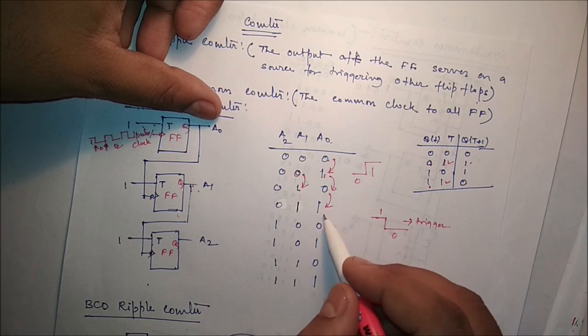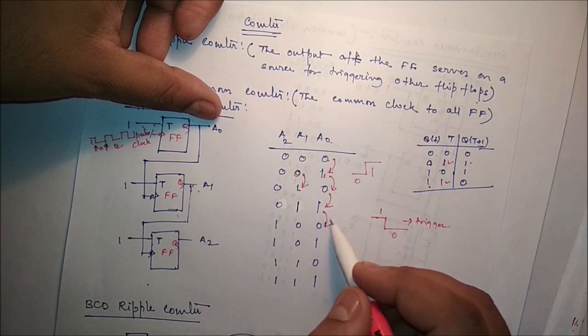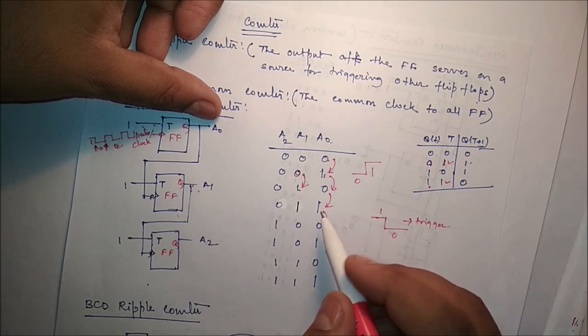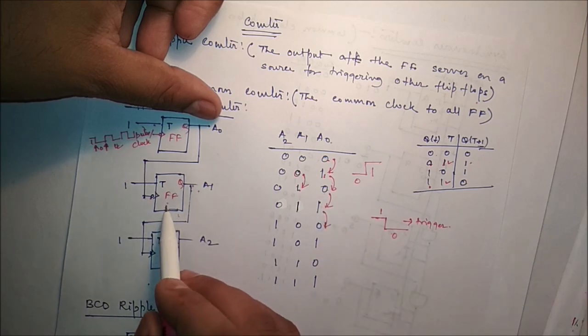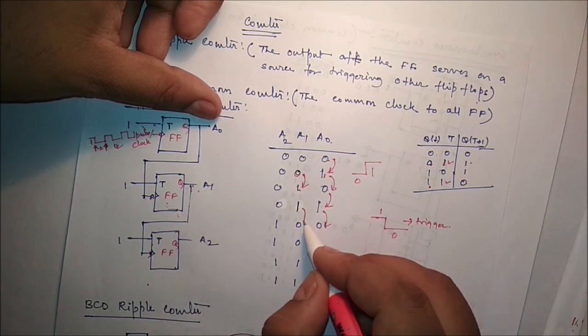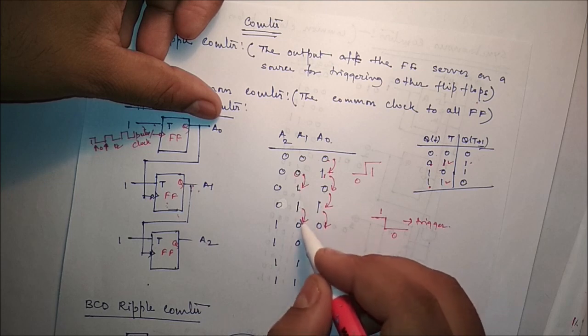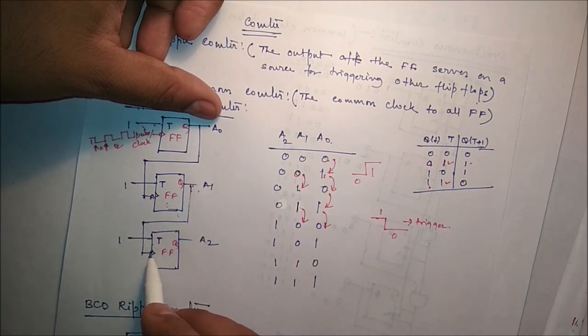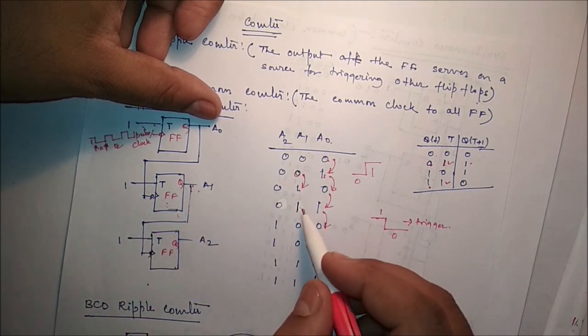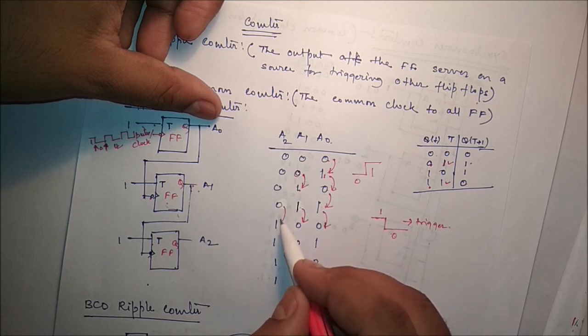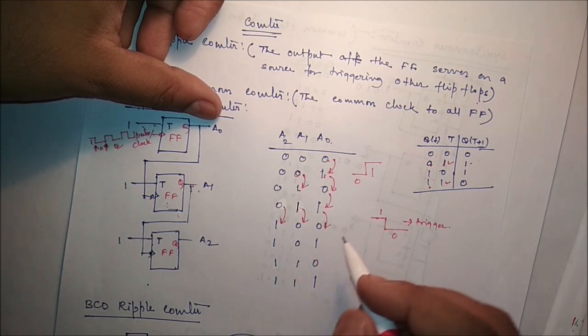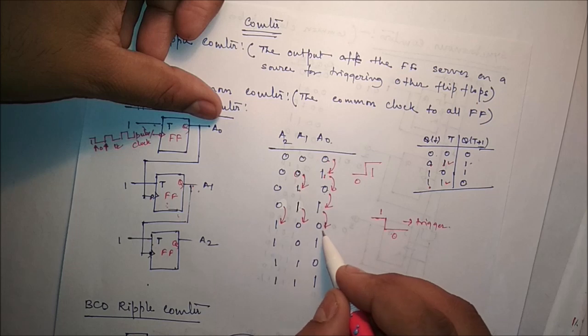Next clock pulse, it will move from 1 to 0. Since it is from 1 to 0, it will force the second flip-flop to change its state. Now it is 1 to 0, and since it is another clock pulse fed to the next flip-flop as a trigger, it will be 0 to 1. Similarly, on the next clock pulse it is 0 to 1.